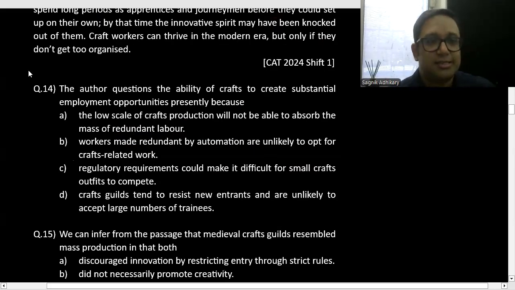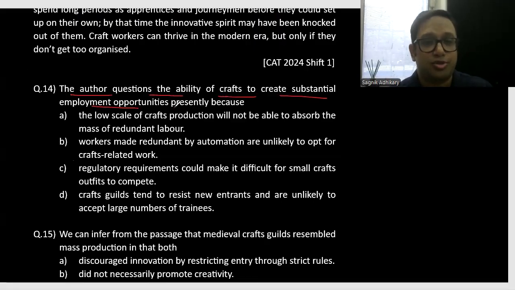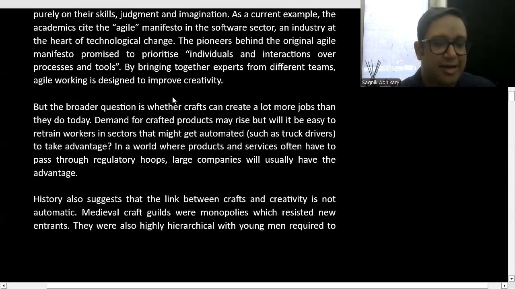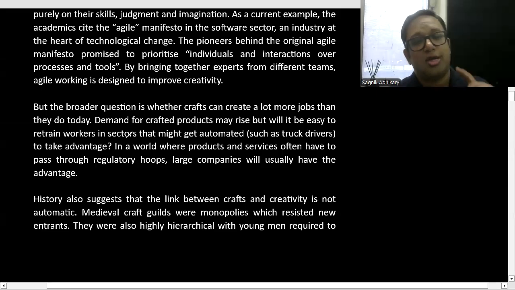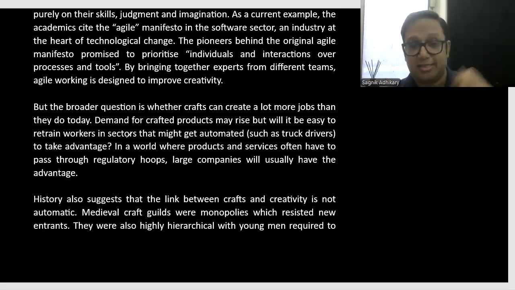Question 14 says, the author questions the ability of crafts to create substantial employment opportunities presently because this is a reference to the second last paragraph, the sixth paragraph, this one. And here we know that it is talking about large companies getting the advantage in the last statement.